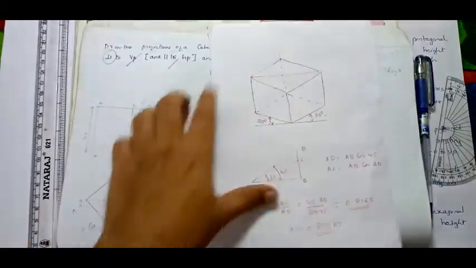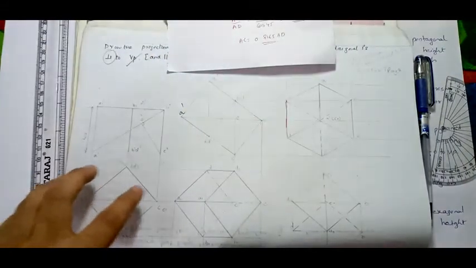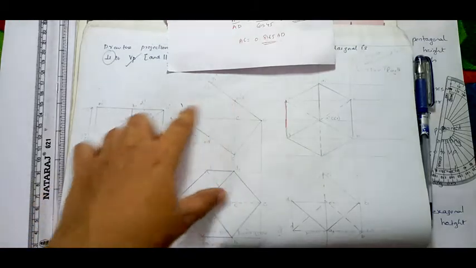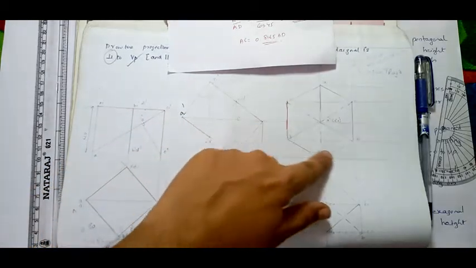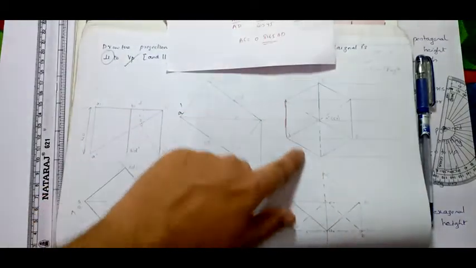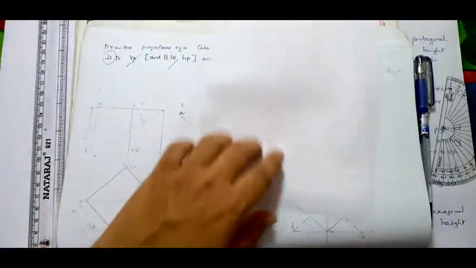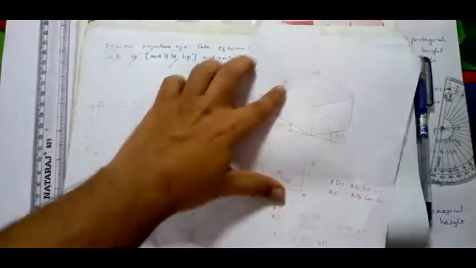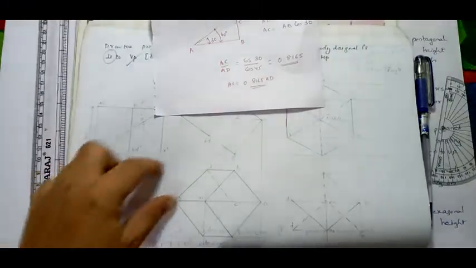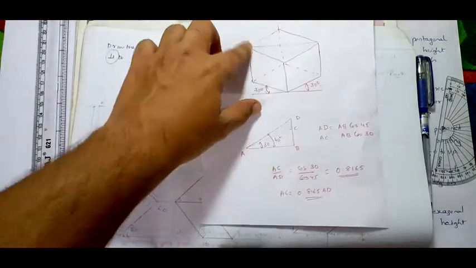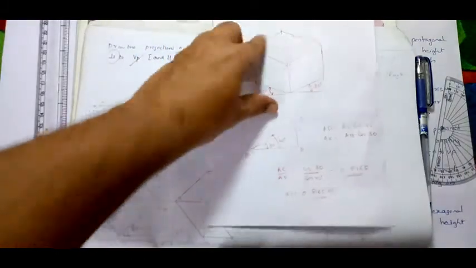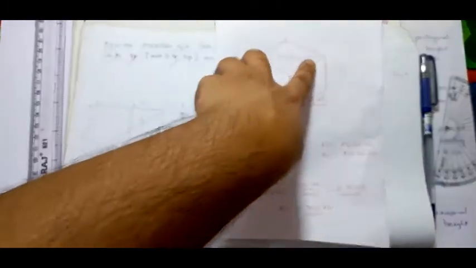But these things are actually being rotated, right? So these edges are not showing the true length. These edges are shortened lengths. Why? Because we are rotating. So after the first rotation itself the edges are shortened, right? These edges are not showing the true length of the cube, but this diagonal is showing the true length.